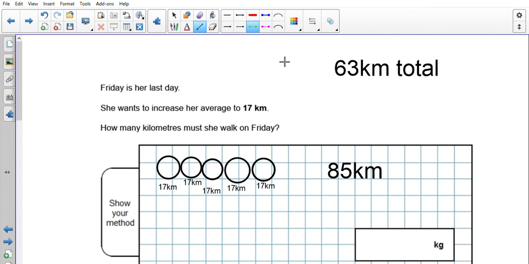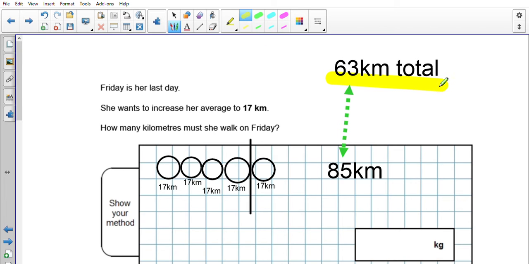Currently, she's only walked 63 kilometres in total, and that was up to Thursday. So if I put that in, Monday, Tuesday, Wednesday, Thursday, she'd walked 63 kilometres. If she wants her average to be 17 kilometres on each day, she needs to walk a total of 85 kilometres in 5 days, because 85 divided by 5 is 17.